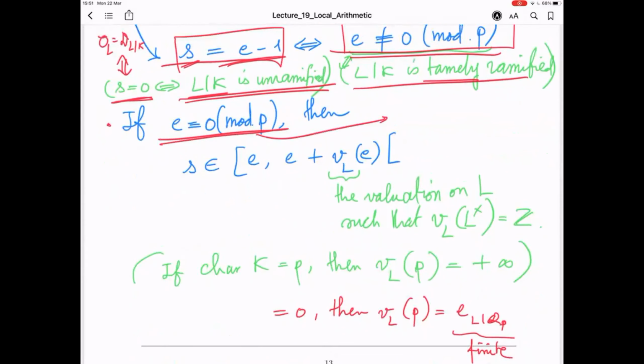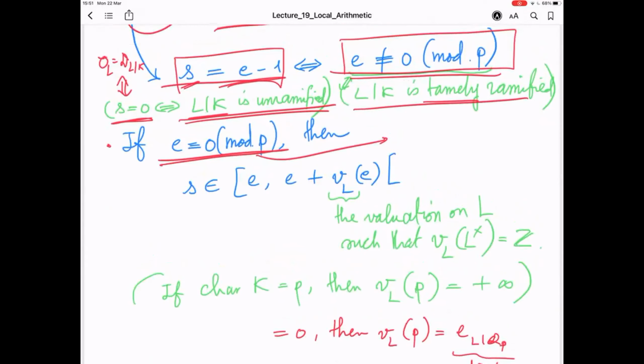So if L over K is wildly ramified, then the exponent of the different goes from E. Here it was always E minus 1 if it is tamely ramified, but when it's wildly ramified, it's at least E and at most E minus 1 plus VL of E.